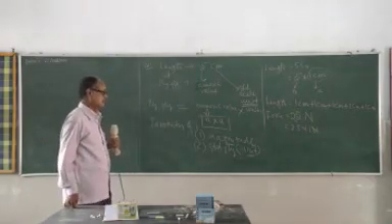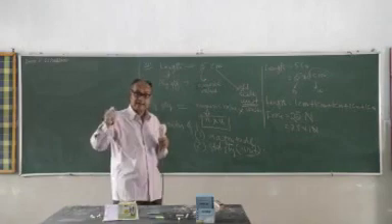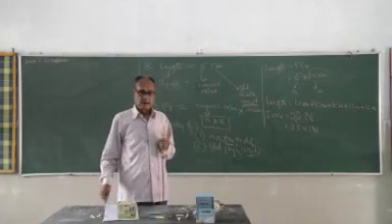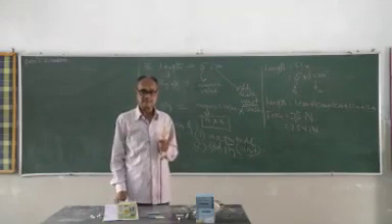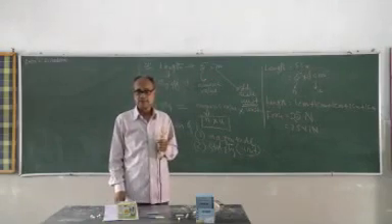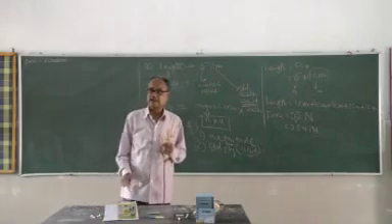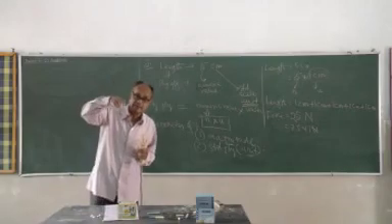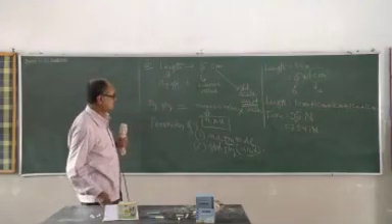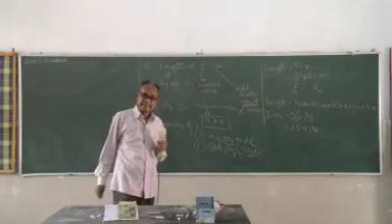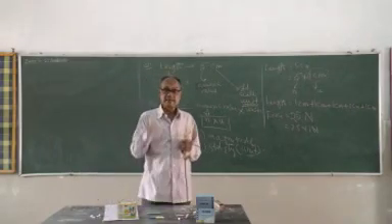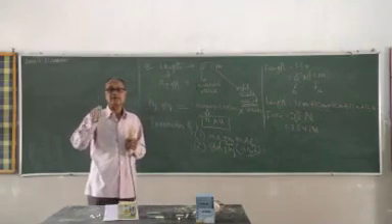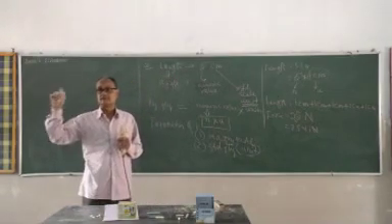So the meaning is, go to the definition again: how many times the standard quantity, that is unit, is contained in the physical quantity. The physical quantity of force is containing 25 times of its unit as 1 Newton.